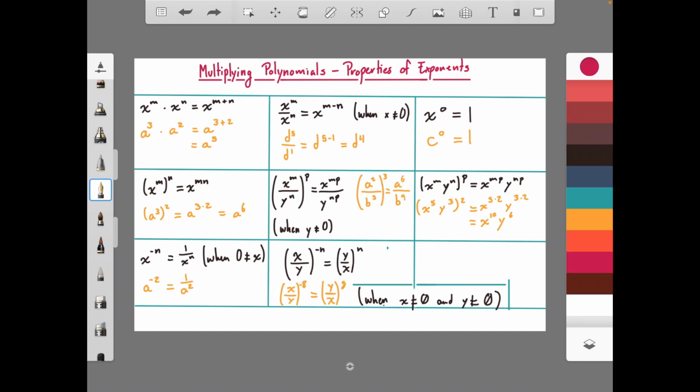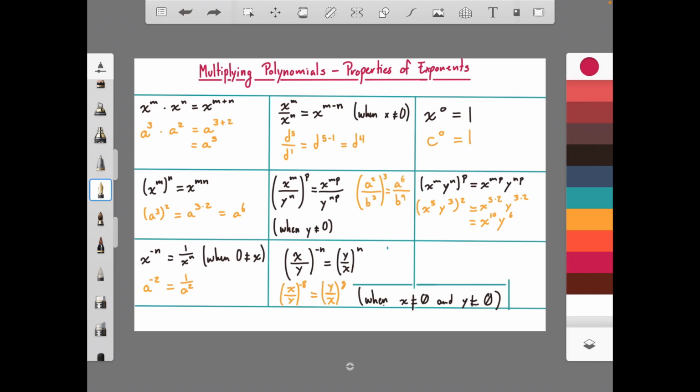Okay, and finally, this last one over here states that x divided by y, all of that raised to the negative n power, is going to be equal to y over x, all of that raised to the positive n power. So as you can see, when you have a negative exponent that is raising a fraction, what you can do is just flip the fraction, and that way you get a positive exponent.